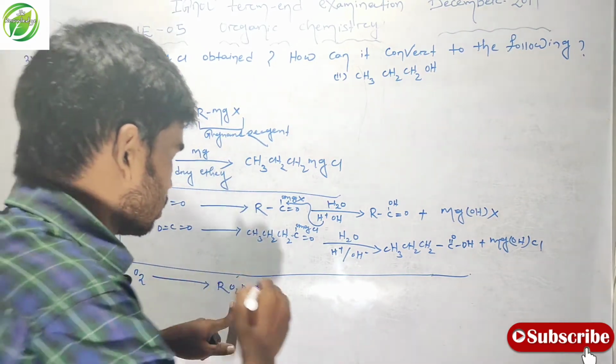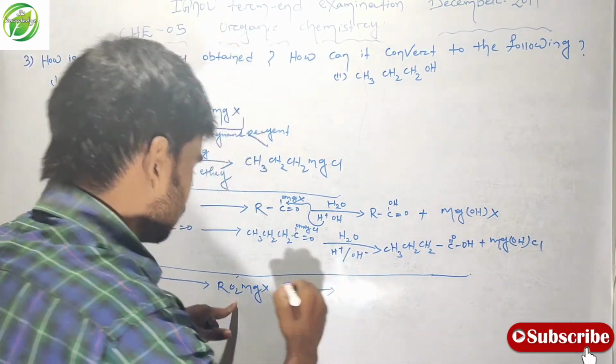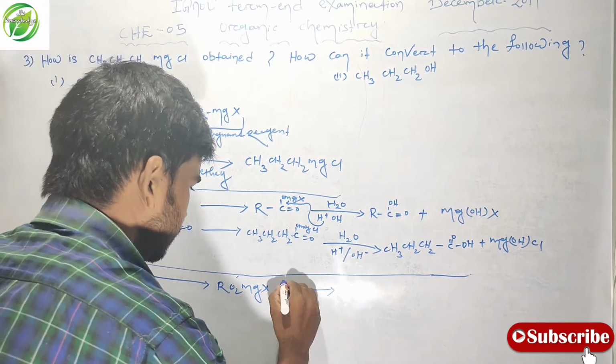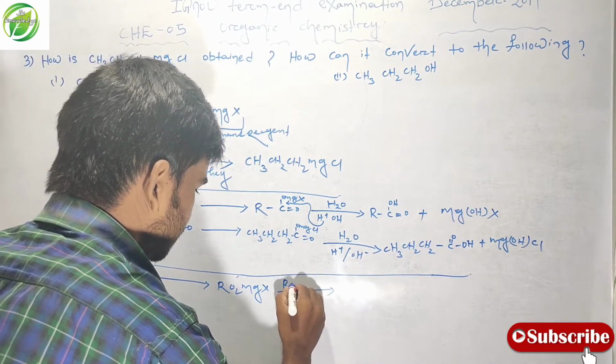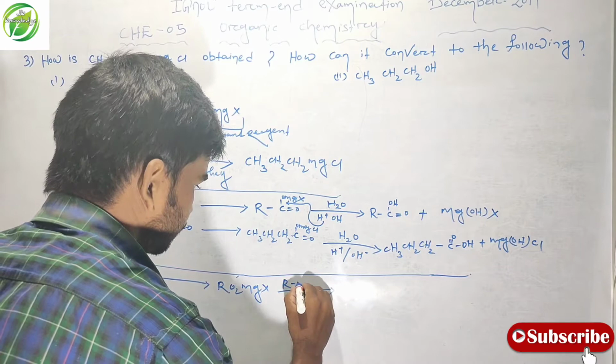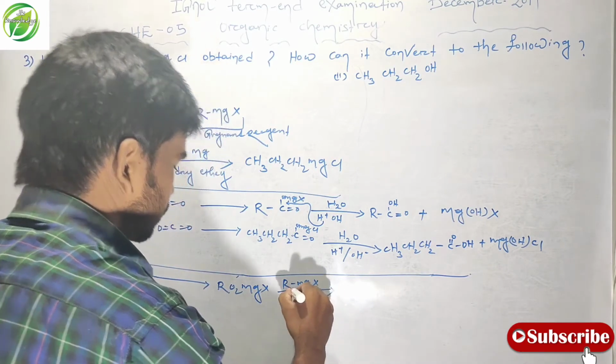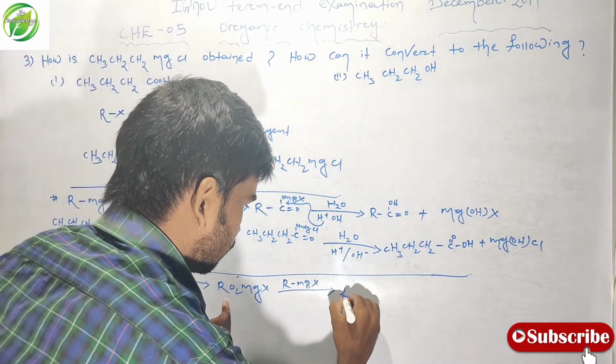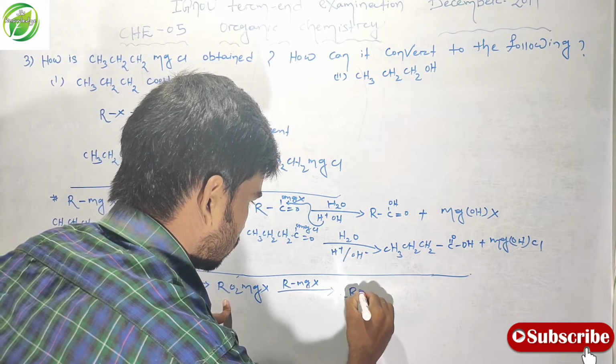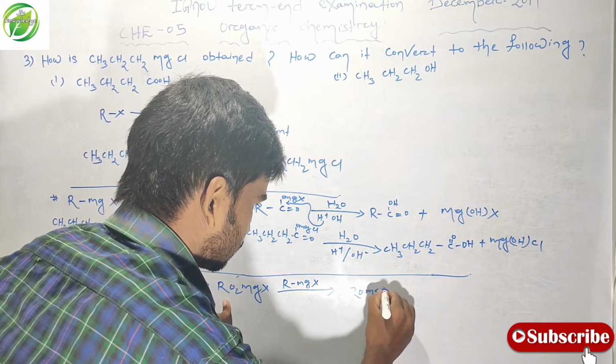When this RO2MgX further reacts with another Grignard reagent, the resultant product formed is ROMgX.